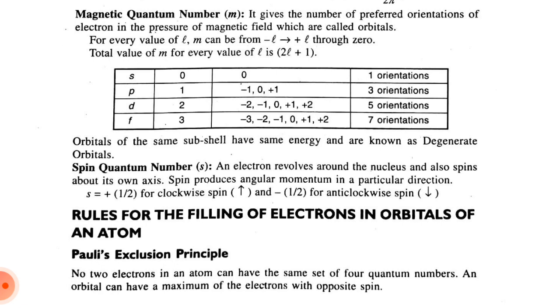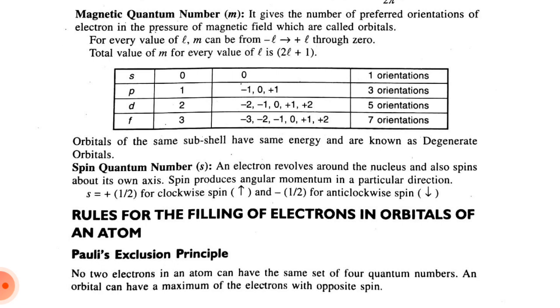The total number of m values for every l is 2l + 1. s: l = 0, m = 0, one orientation. p: l = 1, m = −1, 0, +1, three orientations. d: l = 2, m = −2, −1, 0, +1, +2, five orientations. f: l = 3, m = −3 to +3, seven orientations. Orbitals of the same subshell have the same energy and are known as degenerate orbitals.